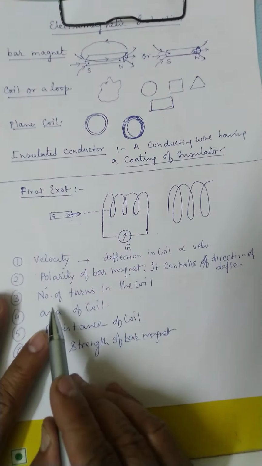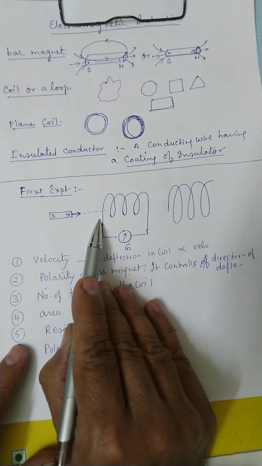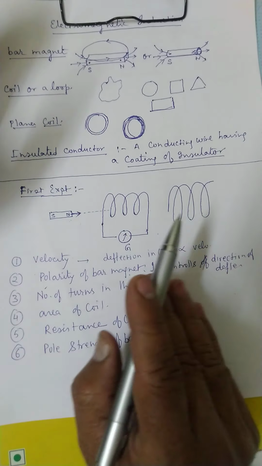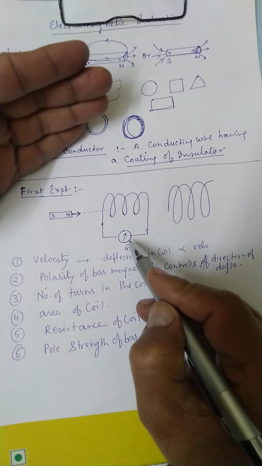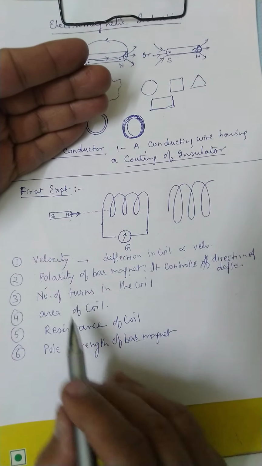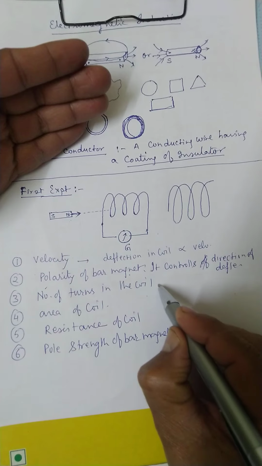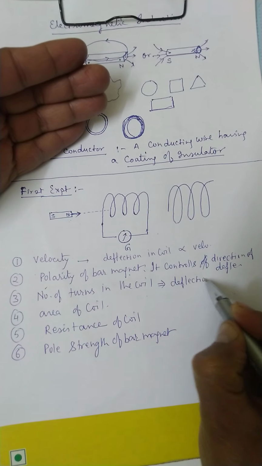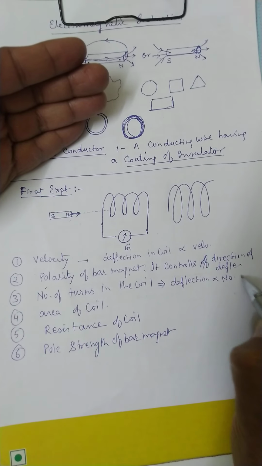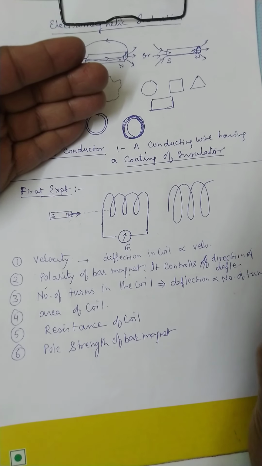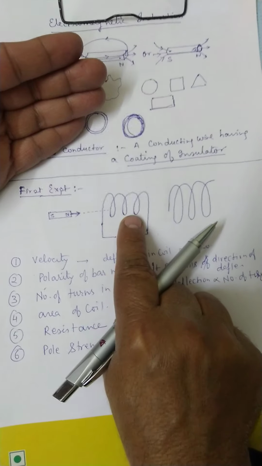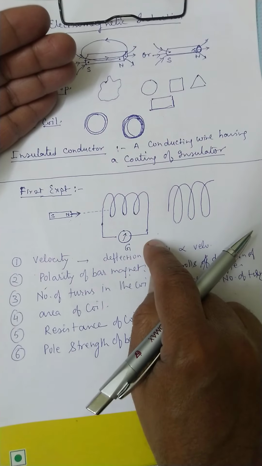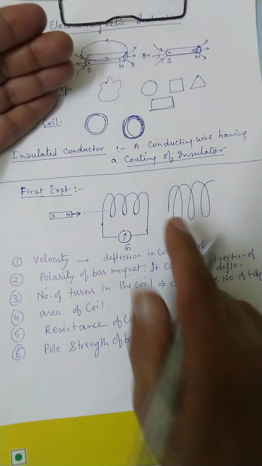One thing you must learn, that taking the north pole closer and then taking the south pole closer, they will produce opposite directions of deflection. Number of turns in the coil, again listen, deflection in the galvanometer is proportional to the number of turns. It means the more the number of turns in the coil, the more will be the deflection for a given bar magnet.